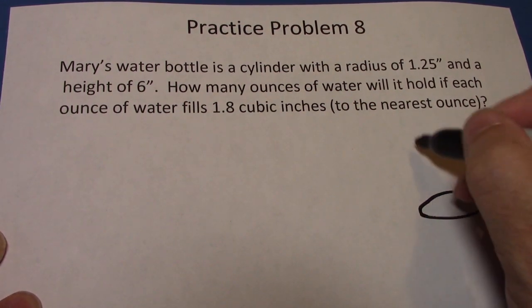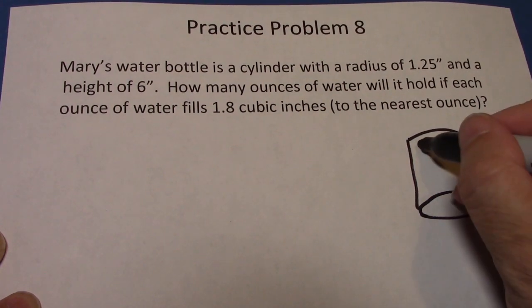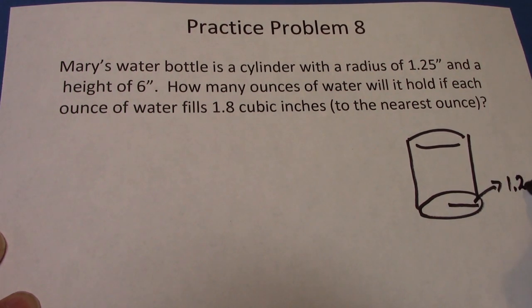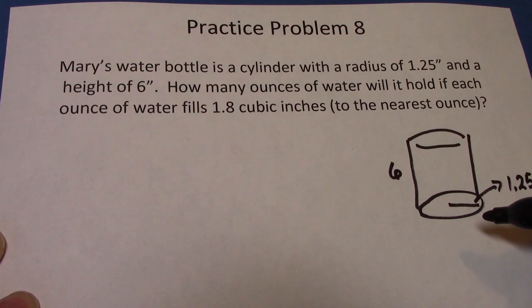So it has a circular base and some height. So it has a radius of 1.25 inches and a height of 6 inches. How many ounces of water will it hold if each ounce of water fills 1.8 cubic inches?